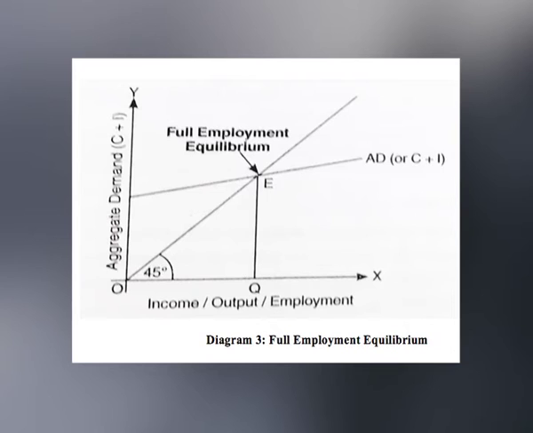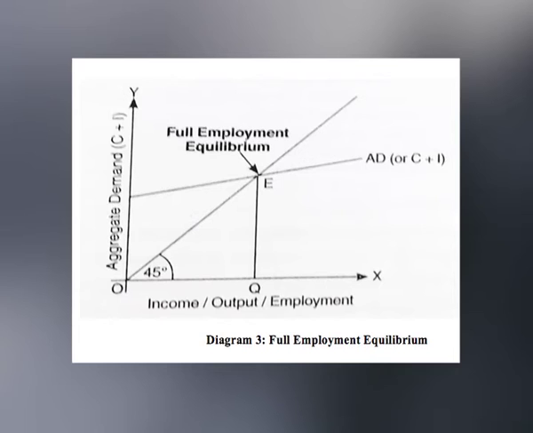Diagram 3, full employment equilibrium. The x axis measures the level of output and the y axis measures aggregate demand. AS is expressed as a 45-degree line, whereas the AD line represents aggregate demand.